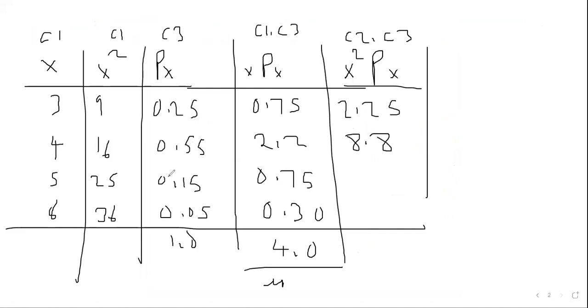Then 25 times 0.15, 3.75, and 36 multiplied by 0.05, we get 1.8.